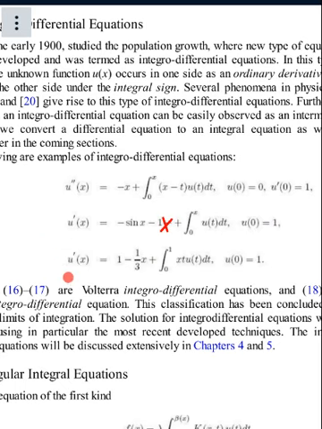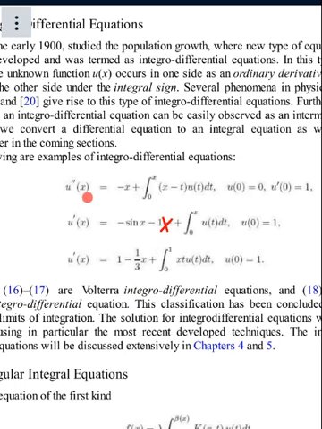And in the last example, we have once again a first order derivative of the function u here. So we need one initial condition. And also we have the integral of the unknown function, so we have an integral differential equation.